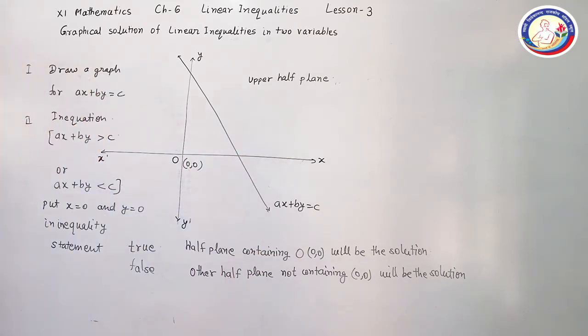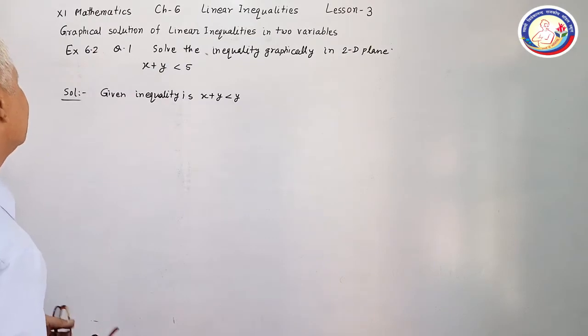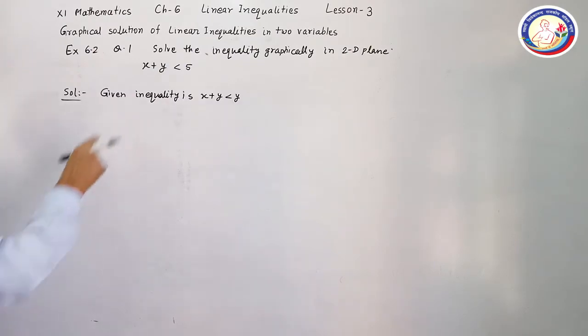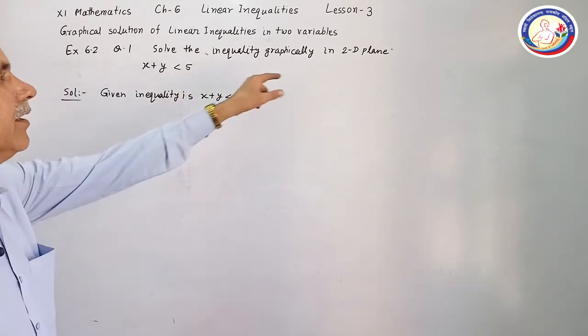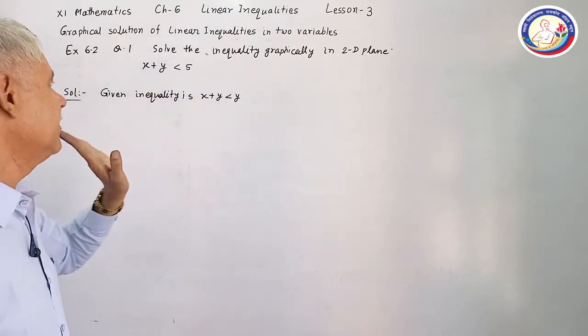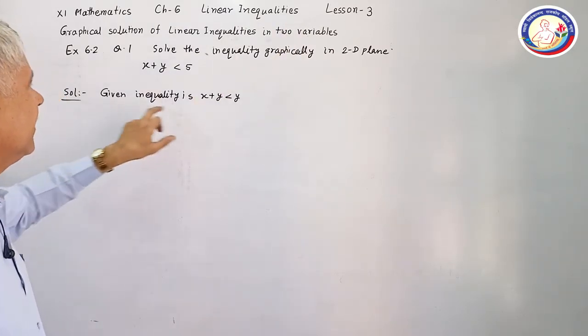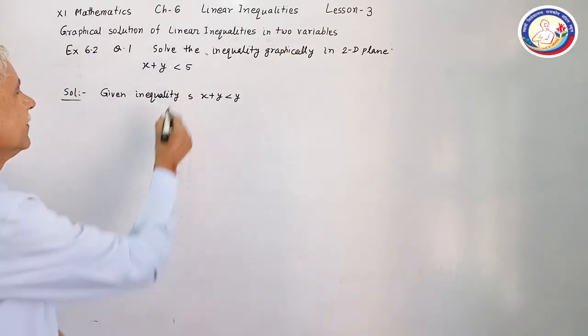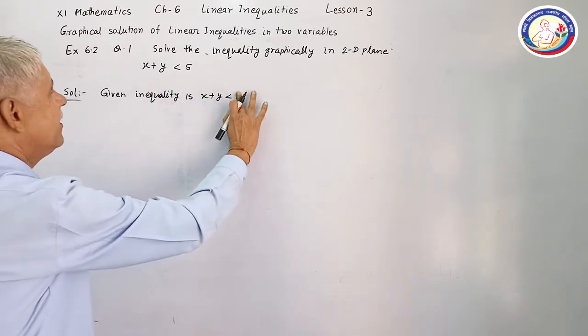Let us take one example. I am taking question number 1 from exercise 6.2. Solve this inequation or inequality graphically in two-dimensional plane. The given inequality is x plus y is less than 5.